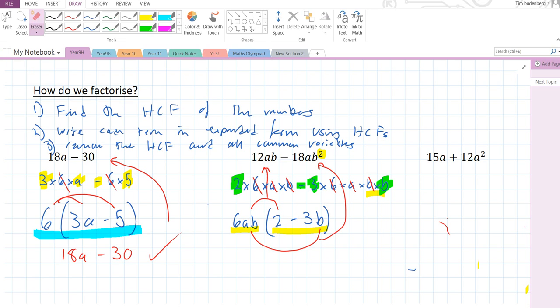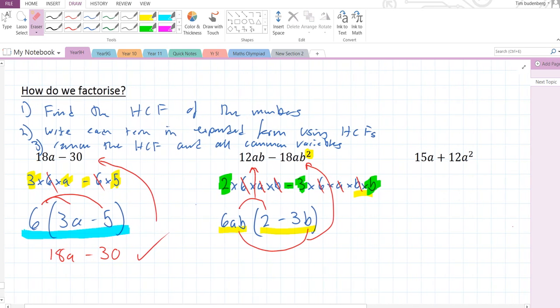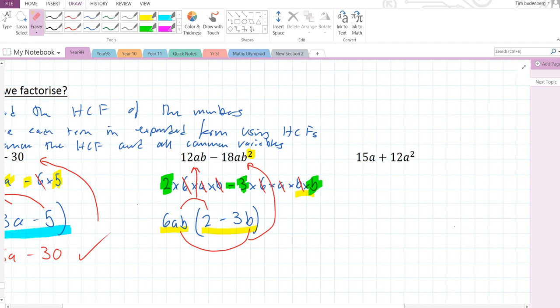Right now we're just practicing taking a term and splitting it into a pair of factors that will multiply to get back together. It's like taking the 24 and the 30 and finding those factors that would get us back to the originals. Last one. Well, we're not picking on 6, that's good news. Instead, we're picking on 3: 3 times 5 times a plus 3 times 4 times a times a.